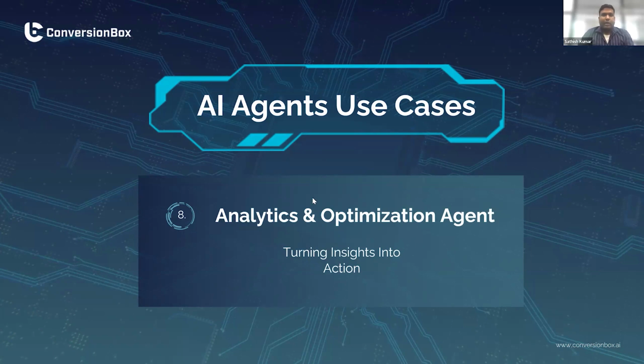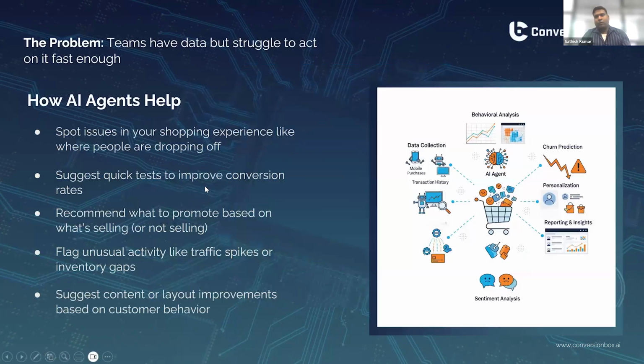So the next one is the analytics and optimization agent. We are collecting a lot of information about our site's traffic, order history, all these things in different places. But an AI agent can collect information from all these tools, like analytics, order history, and inventory feedback.